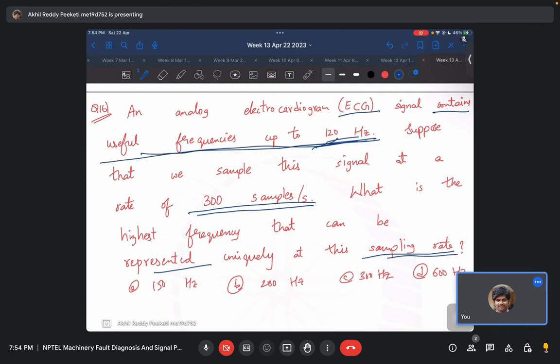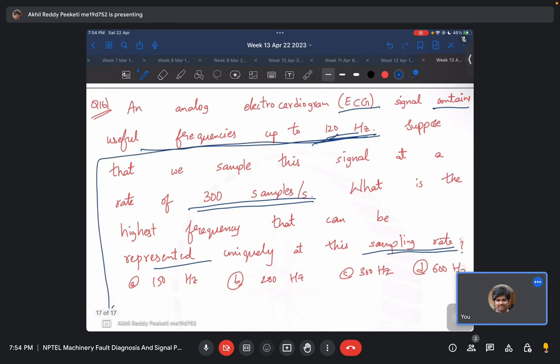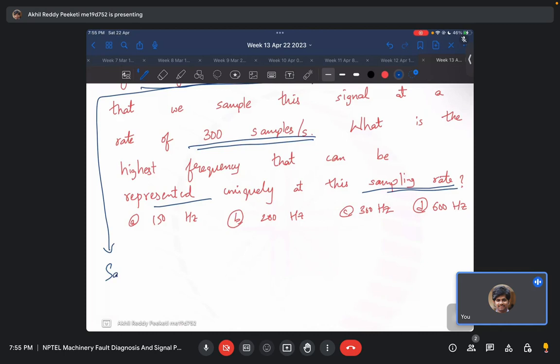You need a sampling rate of 2 into 120 hertz. So 240 hertz is enough.